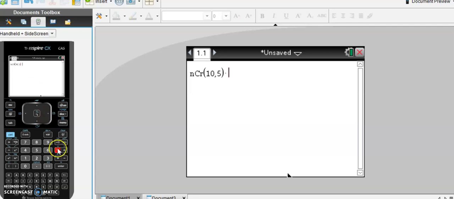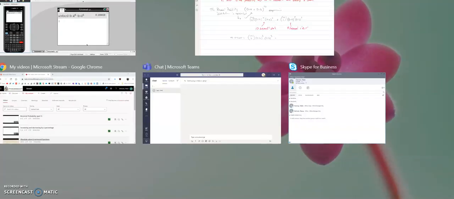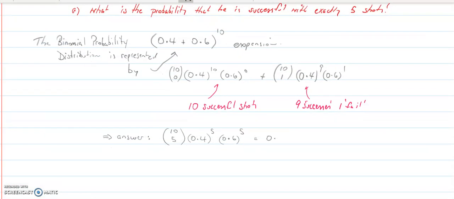Now I'm multiplying that by 0.4 for successes to the power of 5, 5 successes, times 0.6 to the power of 5. Hit enter, 0.200658. Now that's the probability of exactly 5 successful shots.